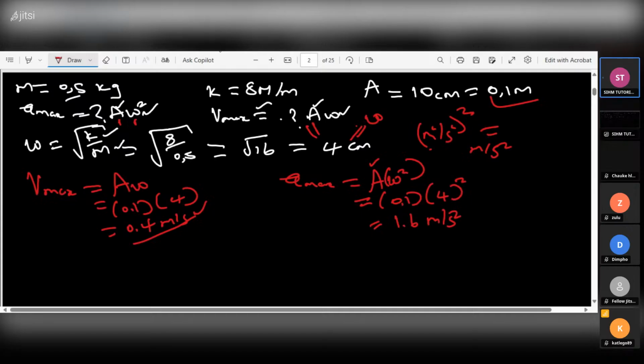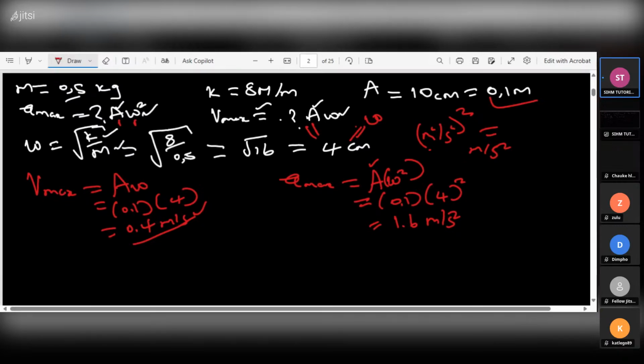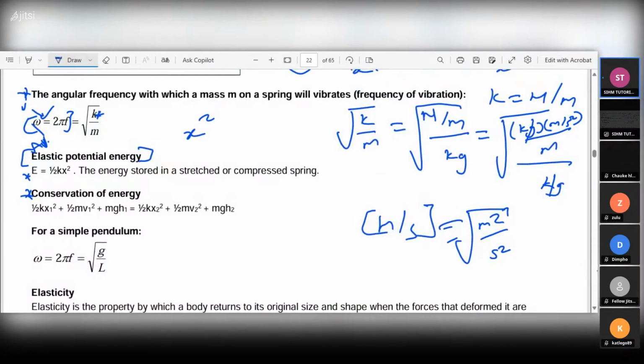This is also fine. I think we're done. This is our maximum speed, and this is our maximum acceleration, which was required by the question.